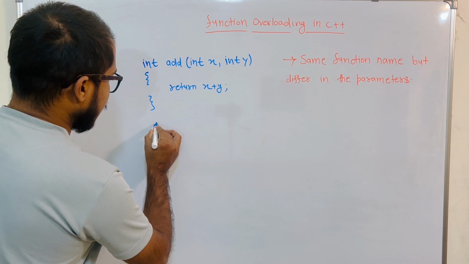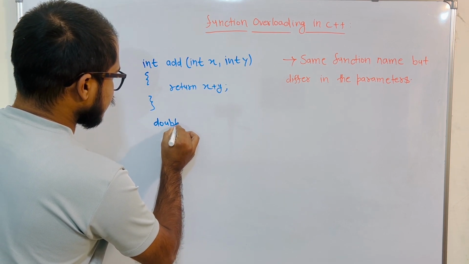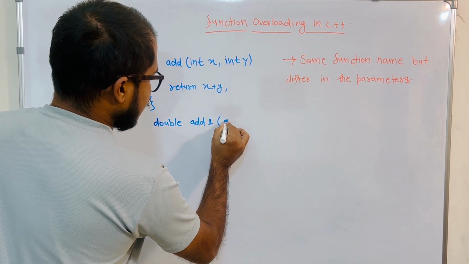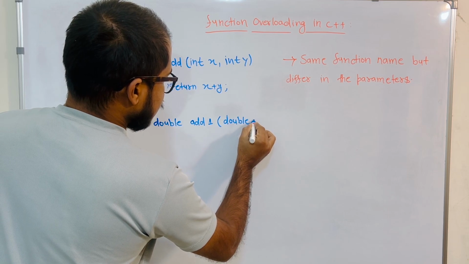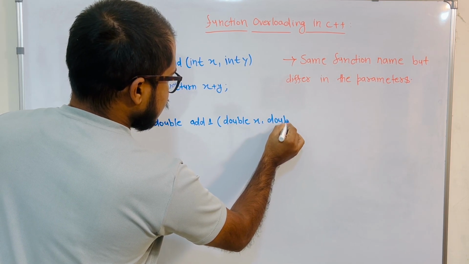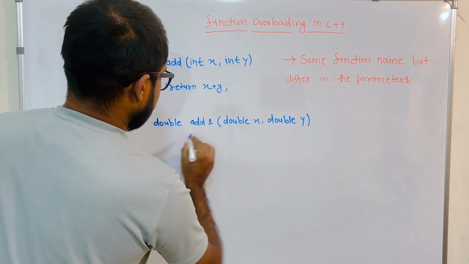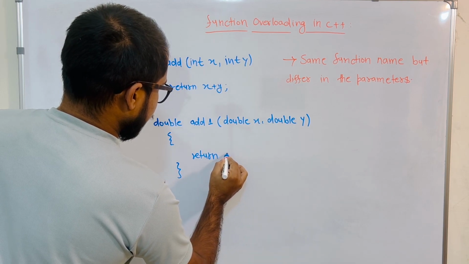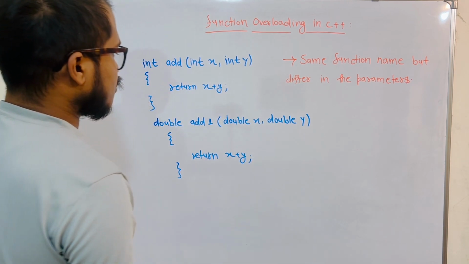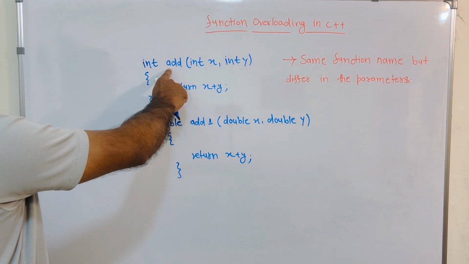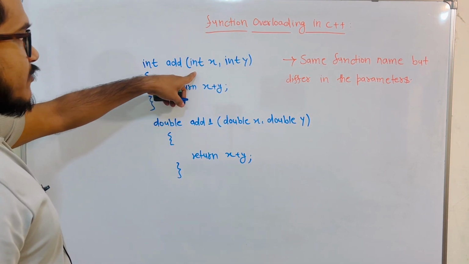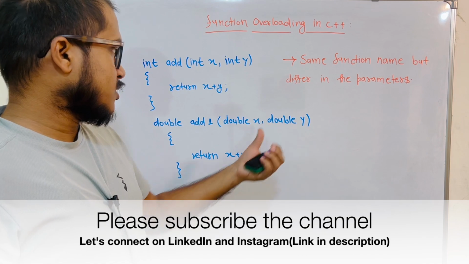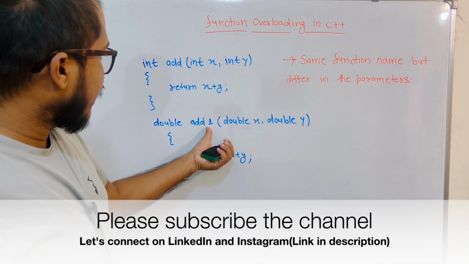For example, double add1. So if I need to add two integer numbers, I will call this particular function, and if I need to add two double numbers, then I will use this add1 function.